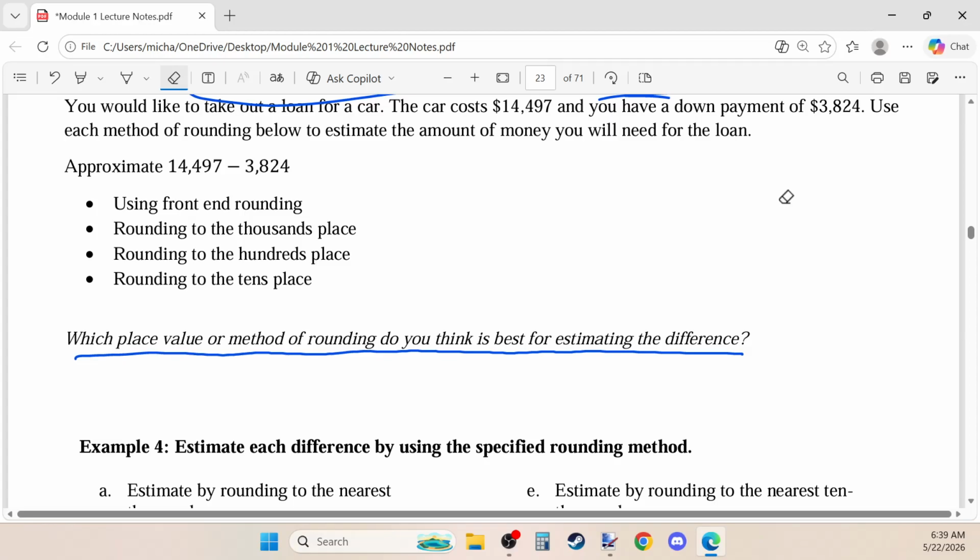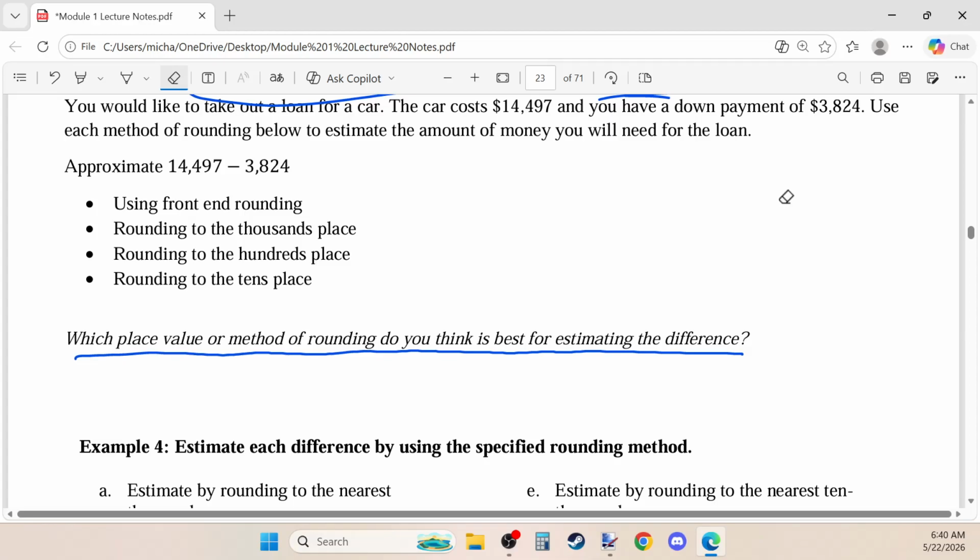So we do the problem, we do an estimate of the problem. If the answer we get is close to the estimate, we think we must be in the right ballpark. We have reason to believe that our answer might be correct. So those two goals in rounding, you're either trying to do it faster or you're trying to do it easier so that you can compare your answer to an estimate.